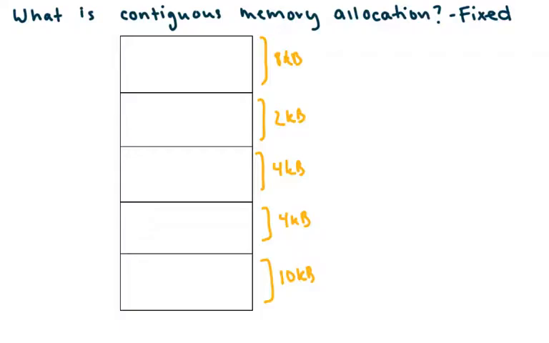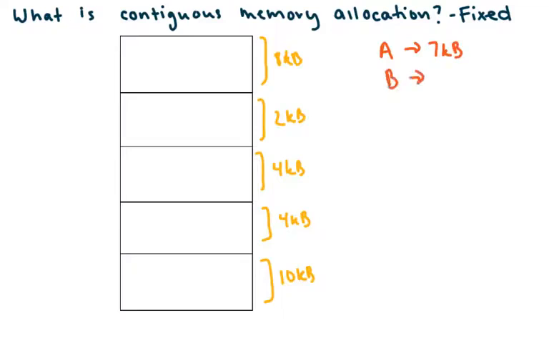Now the question is, when processes come in, they're going to be assigned to these partitions. They may be a good fit there, they may be a bad fit there, and we'll talk more about that later, but let's give an example. Let's have 5 processes come in so we can fill out each one of our spots. Process A comes in and requires 7 kilobytes.